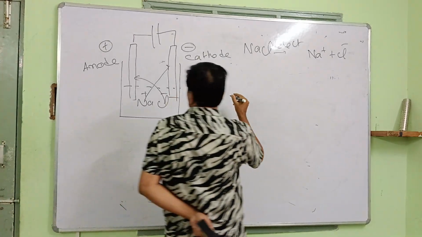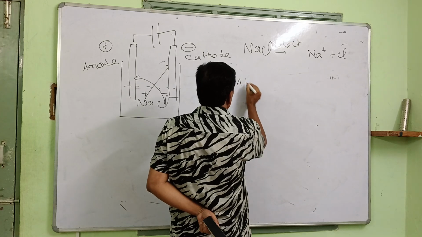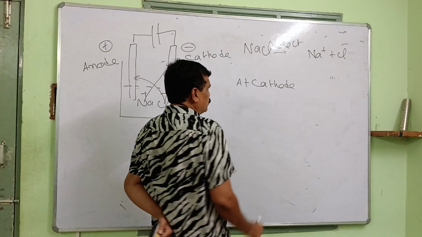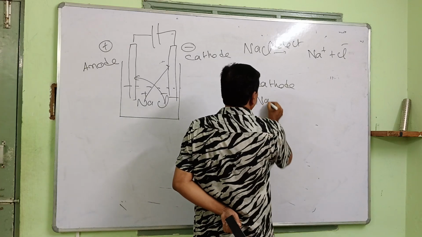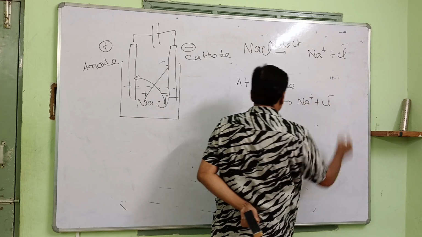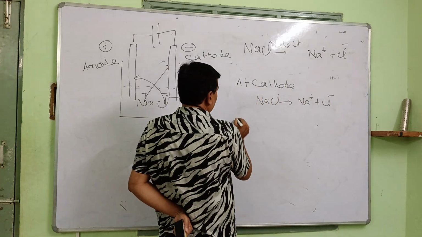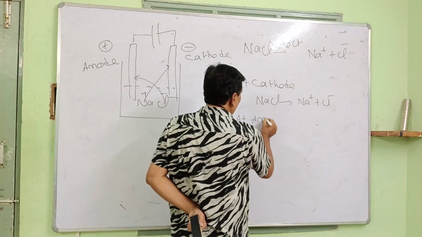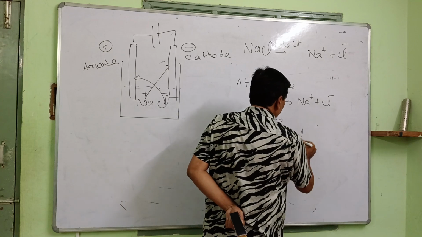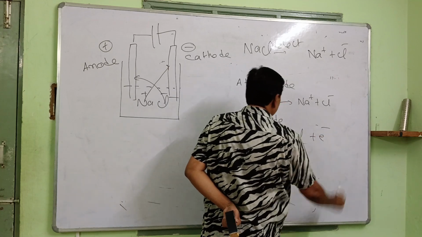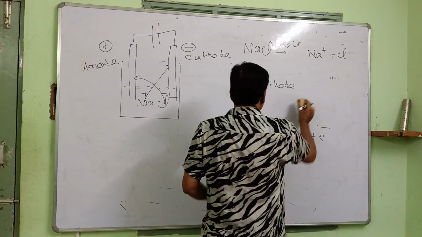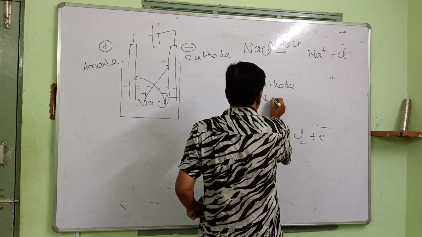So I will write this in bold. NaCl gives rise to Na plus and Cl minus. At the anode, 2Cl minus gives rise to Cl2 plus 2e minus.